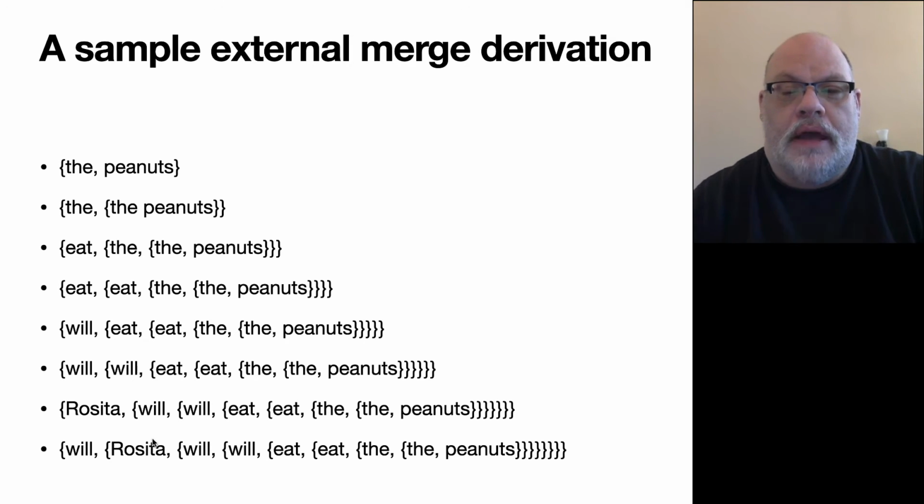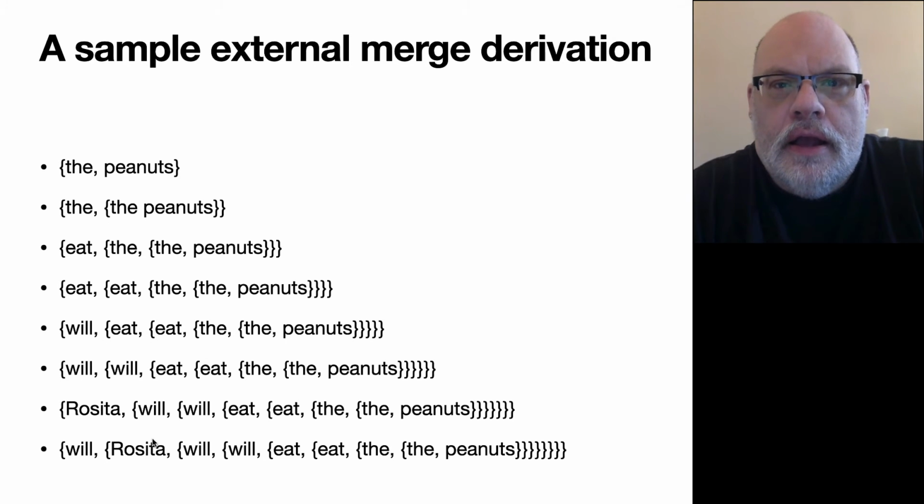Now, don't panic, because no syntactician in their right mind would ever actually use this kind of structure as explanatory or even revelatory. When we draw trees, we're doing so because it reveals information about the internal structure of a sentence.